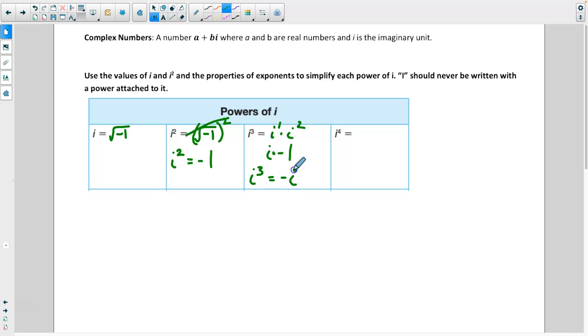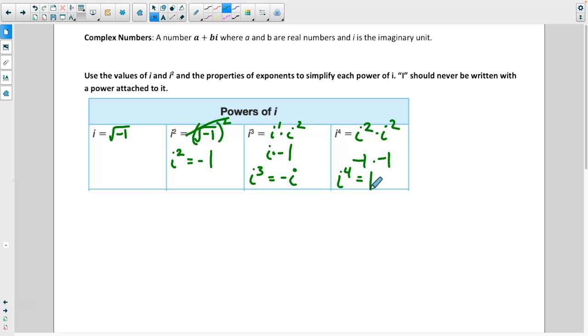And i to the fourth. I'm going to also use my exponent properties. So i squared times i squared, well, i squared is -1. So -1 times -1 is +1. Notice this weird flip-flopping that's going on here, how they change.